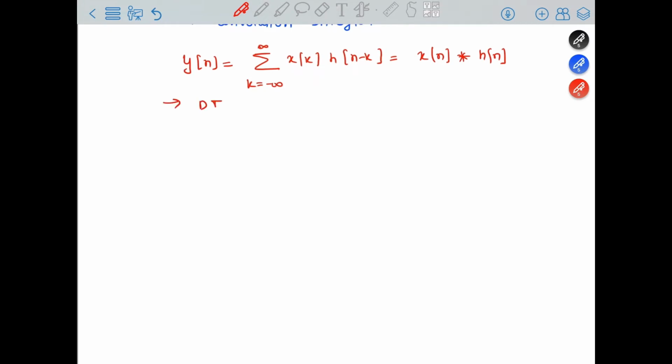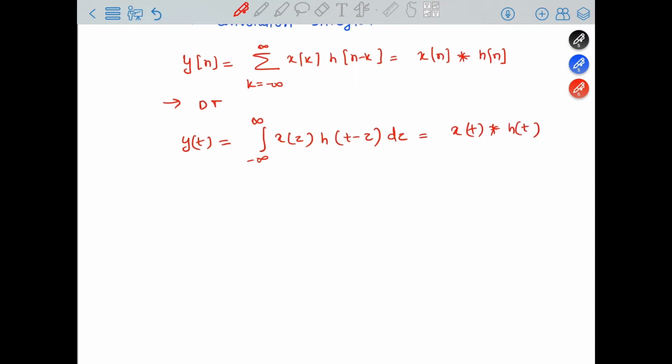Similarly, for the continuous time case we can write y(t) equals integral from minus infinity to infinity x(tau) h(t minus tau) d tau, which is again equivalent to x(t) convolution with h(t).